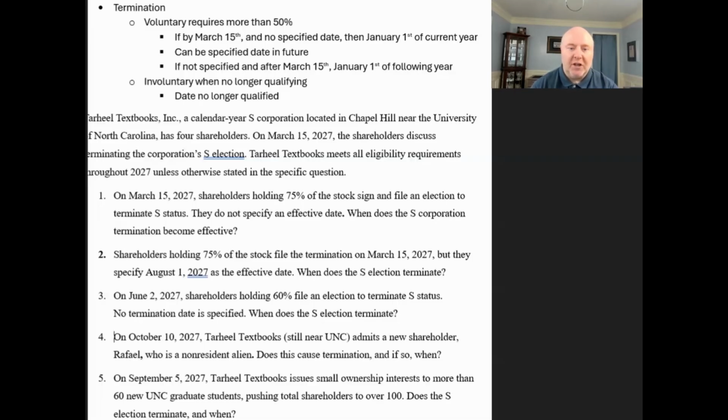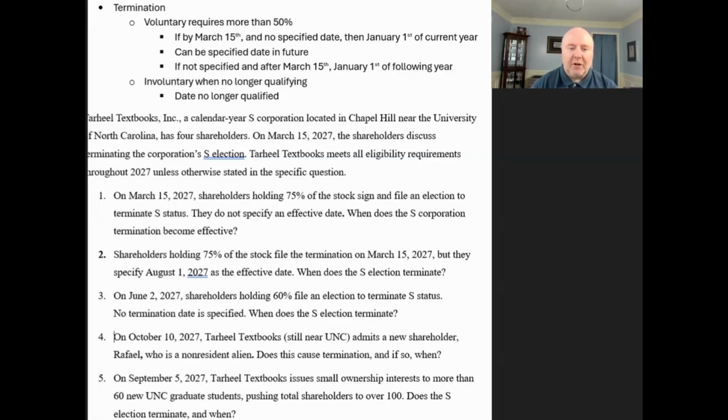So, on the date of the disqualifying event is when the termination is effective. And if you lose your S status, you generally can't get a new S election for 5 years. It usually takes 5 years before you can do this again. So it's a pretty long waiting period.